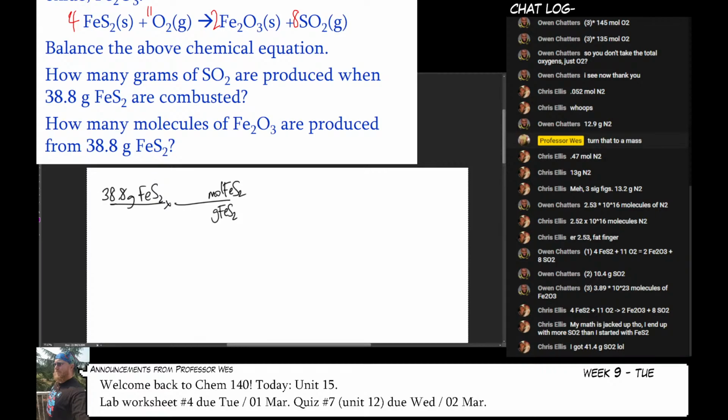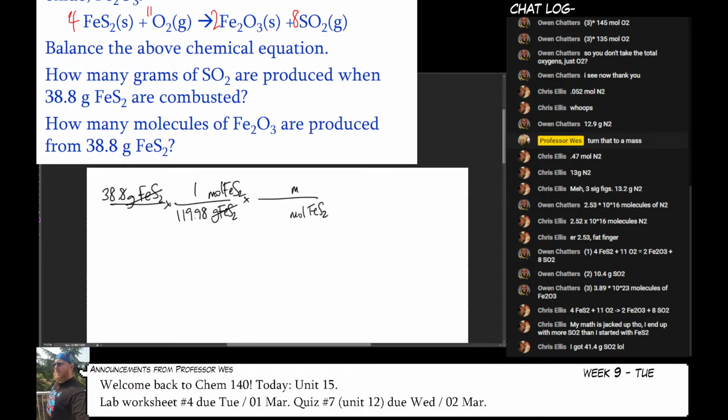So we can turn this from grams into moles, and in a mole, according to Lentech, there are 119.98 grams of FeS2. Now, without seeing your numbers, Chris, I can't tell where your math error is, so try and follow along carefully with what I've got here. It could be as simple as just typing something in the calculator wrong.